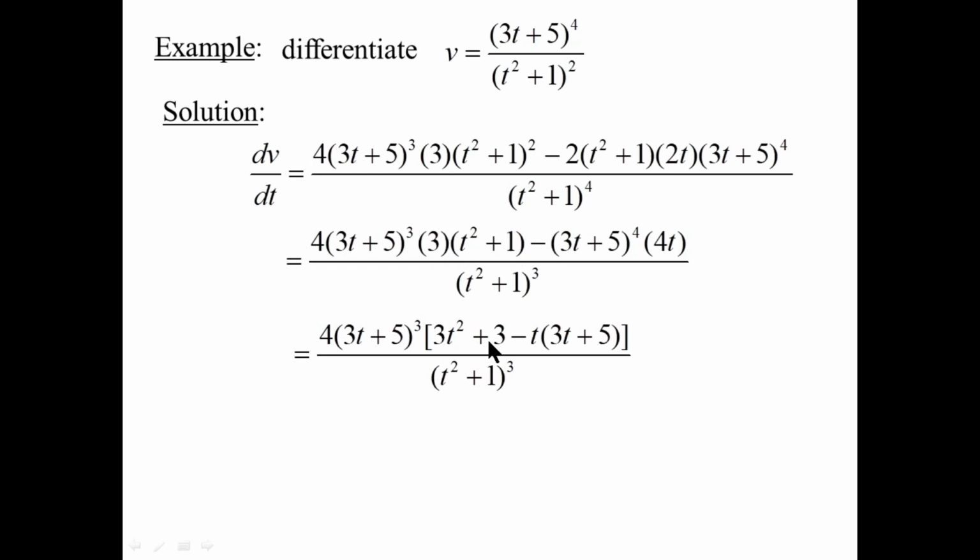When we take this residue, subtract, now there's a 3t plus 5 still there because we only took out 3 factors of 3t plus 5, so there's 1 left. And the 4 has been taken out so that this t is left over as residue. Simplifying the square brackets, and we've done it again. We've differentiated a complicated quotient, common factored, and simplified it.